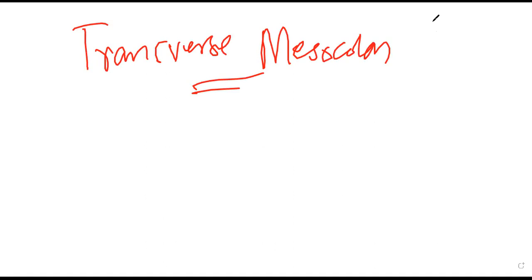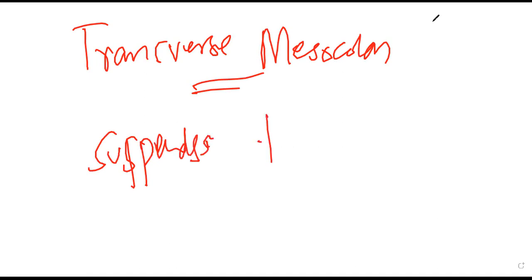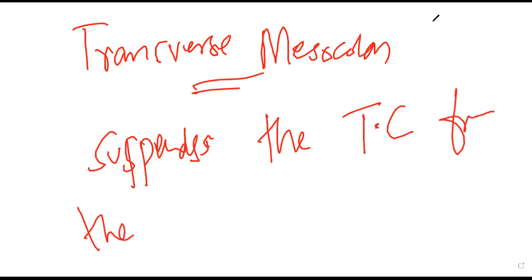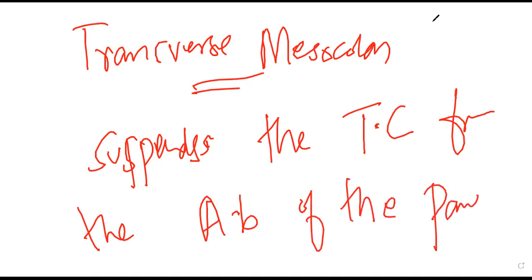The transverse mesocolon, or the mesentery of the transverse colon, suspends the transverse colon from the anterior border of the pancreas.